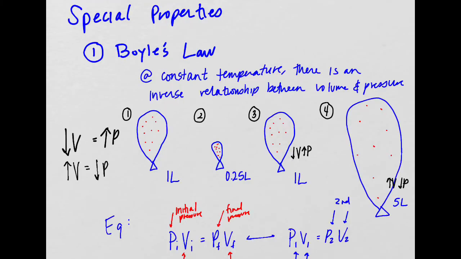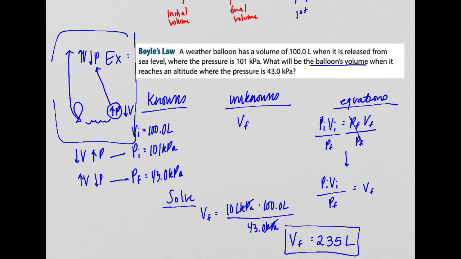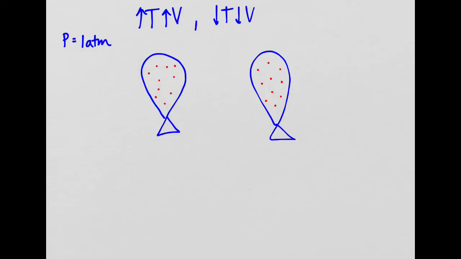And make sure that when you're doing these problems, we say we're at T equals 20 degrees Celsius. I forgot to say that we always have constant pressure or constant temperature, okay? We're not changing the temperature in Boyle's law, and in Charles's law, we're not changing the pressure.